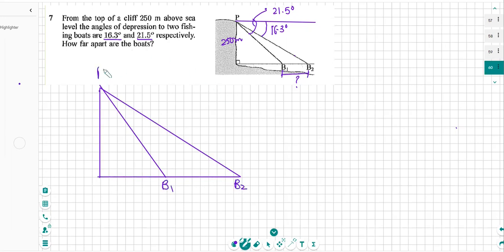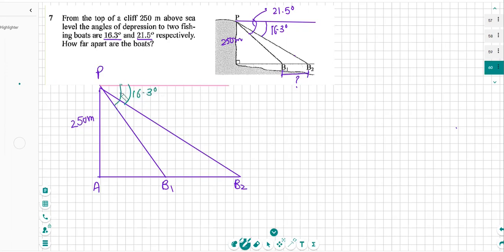This point is the peak. This length is given, 250 meters. Say this is A, right? Now I'm showing the angles. This is the line of sight, obviously, and the angle of depression is, first, this, and the second one is this. First is 16.3 degrees.